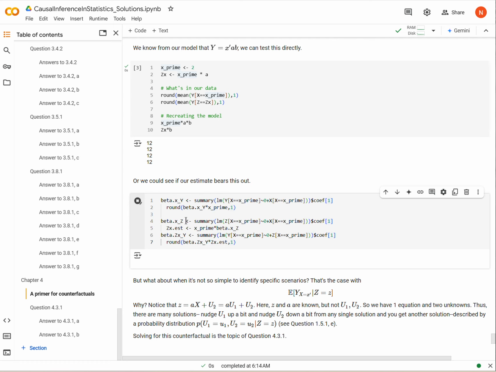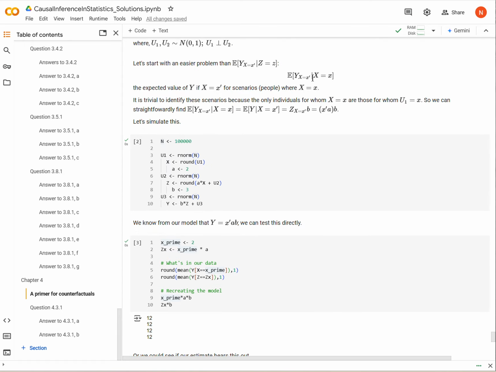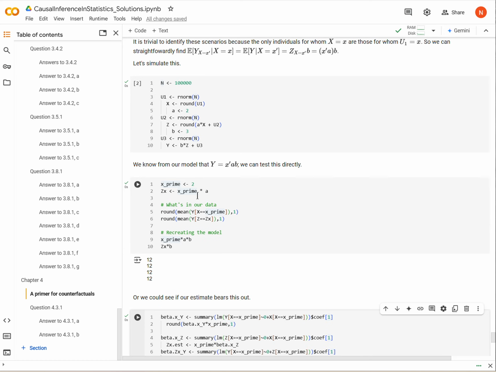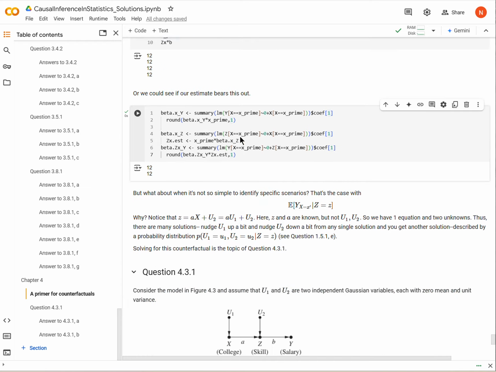Well, I've already run this, but again we get 12. So anyway, that's how we went from defining a counterfactual to finding three different ways to test or estimate the implied value of that counterfactual.